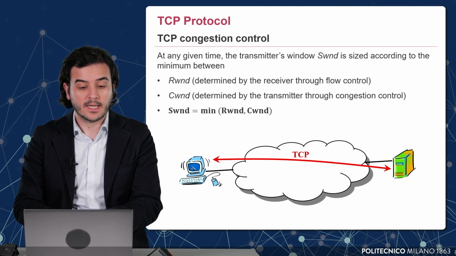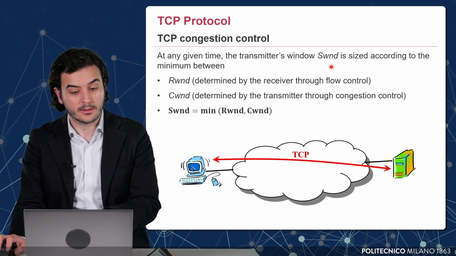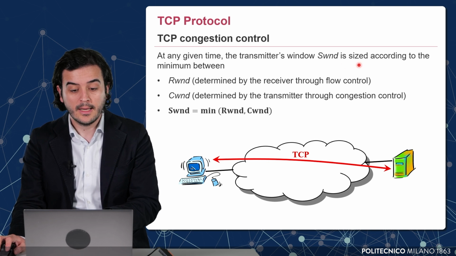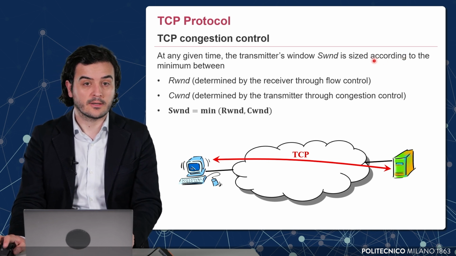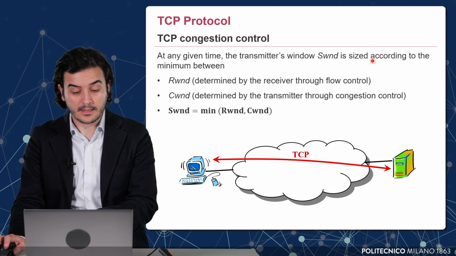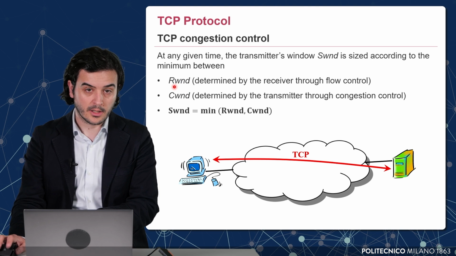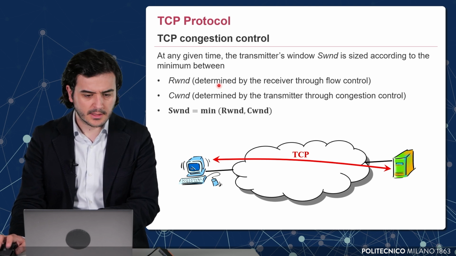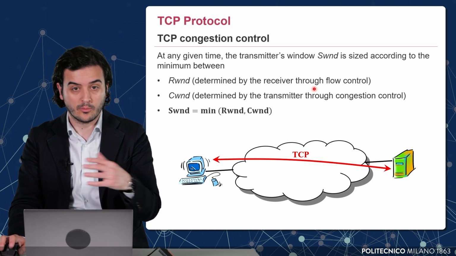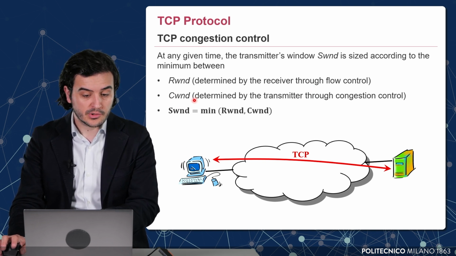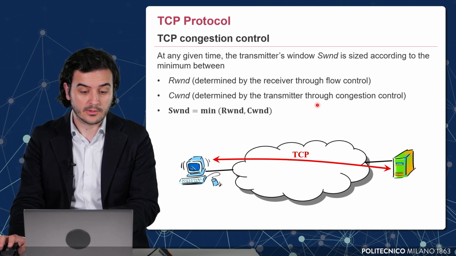At any given time, the transmitter's window, which we defined as SWND, is sized according to a given set of values. It depends on the receiving window, defined as RWND, which is determined by the receiver's capability to receive more or less information, and on the congestion window, which is determined by the transmitter.